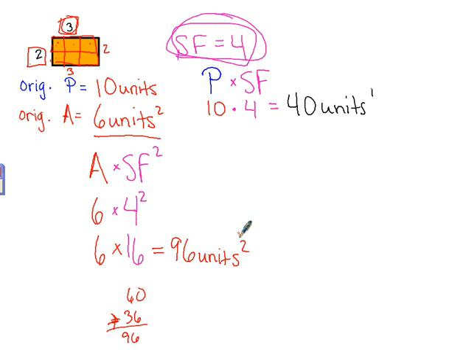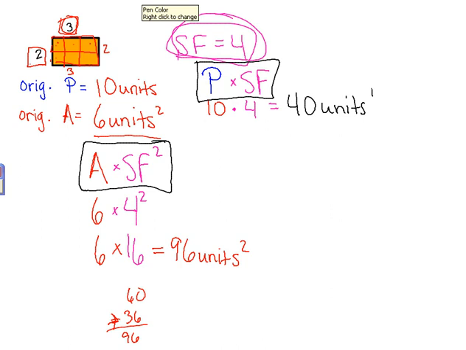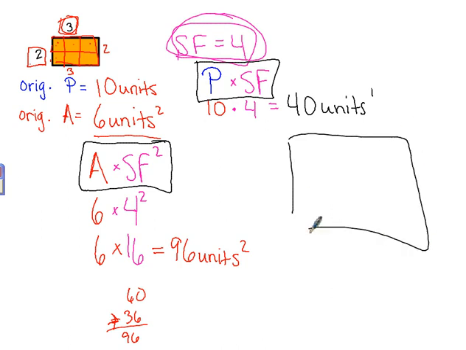So if I don't want to draw the new pictures, I just want to show you that you can use these rules that we found, original area times scale factor squared and original perimeter times scale factor, to figure out the new ones. If you didn't want to, of course you can always draw that new shape. So let's draw it just to see. If I applied a scale factor of 4, this side would now be 8 because 2 times 4 was 8.